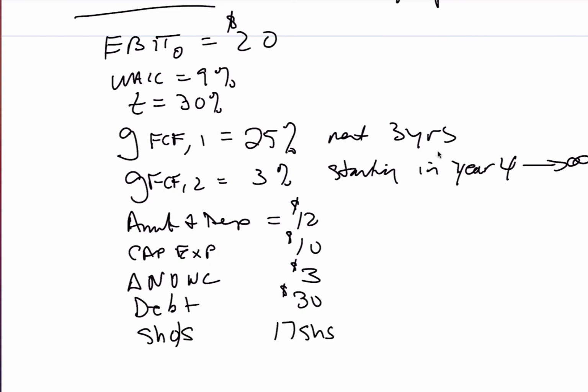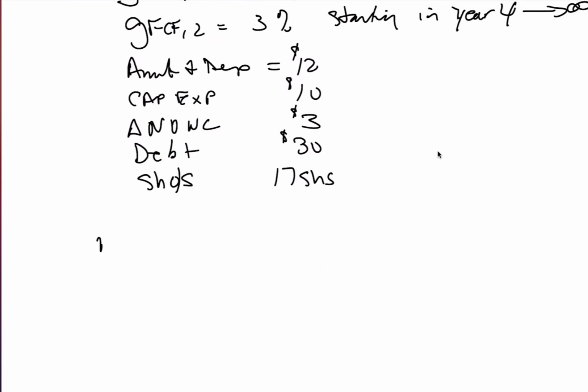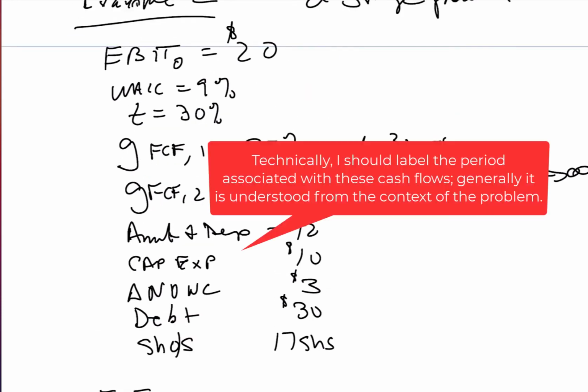So our free cash flow at time 0, because everything we're given is actually in time 0. You can put a little subscript 0 here, everything in zeros.